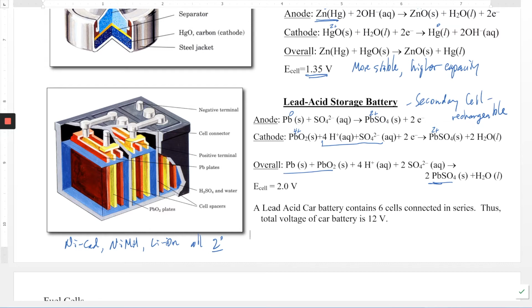In this battery, we do have now 6 cells that are connected together, and you can see the 6 cells. Each cell has a voltage of 2.0 volts. So we're going to multiply that by 6, and we're going to get a total of 12 volts across the entire battery. These batteries are heavy and cumbersome to use, but they have a large capacity.